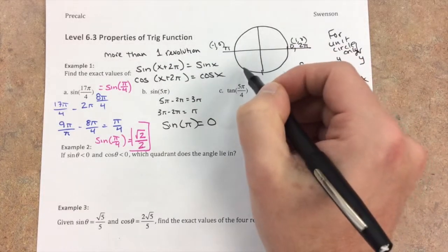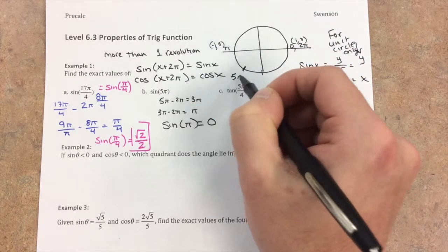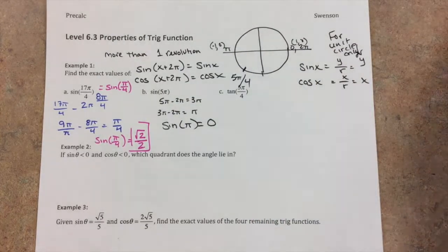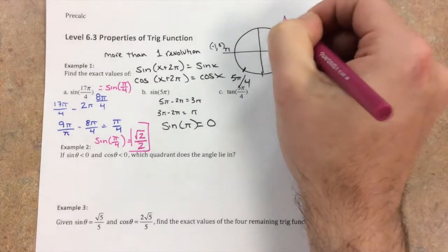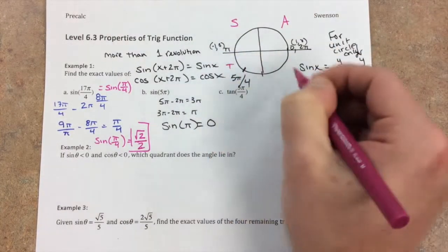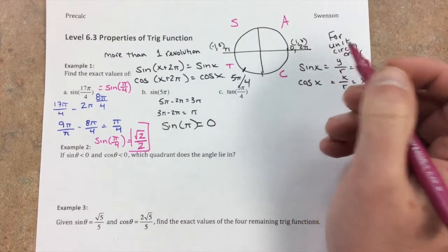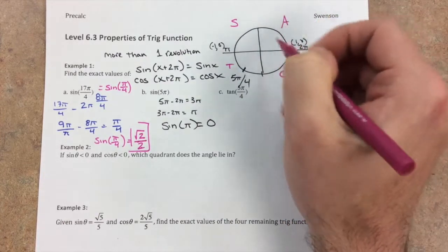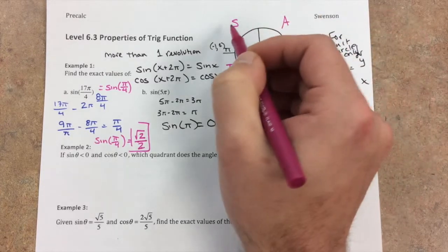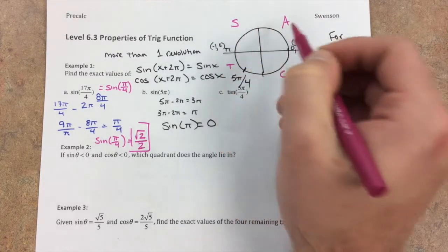For C, for tangent, 5 pi over 4 is on the unit circle. That is this angle right here. And if we remember from before, we have all students take calculus. Just as a refresher, this means x and y are both positive in the first quadrant. Sine's positive in the second quadrant.